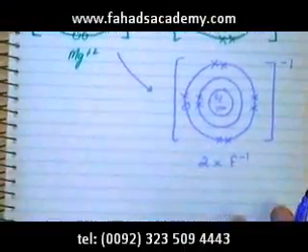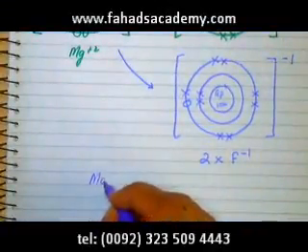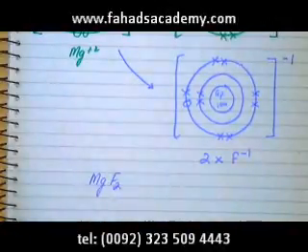So the formula of magnesium fluoride would be that there would be 1 Mg 2+ and there would be 2 fluoride ions.